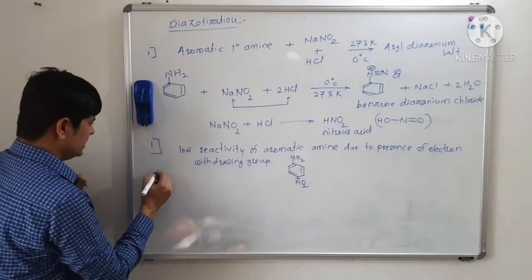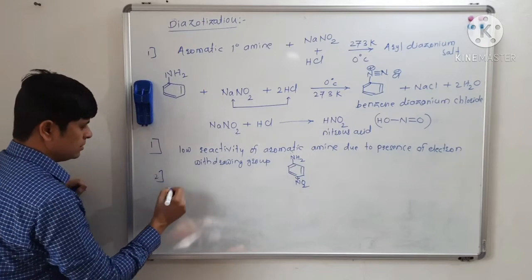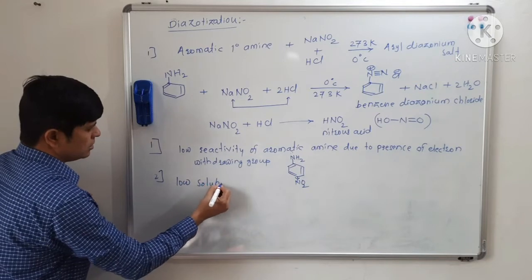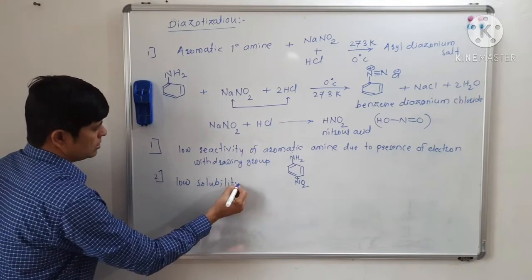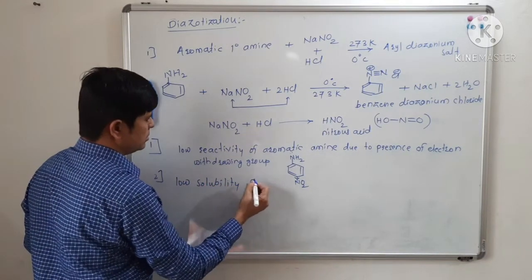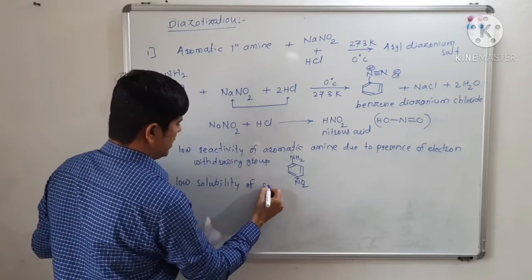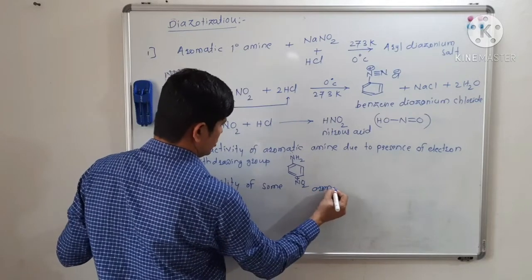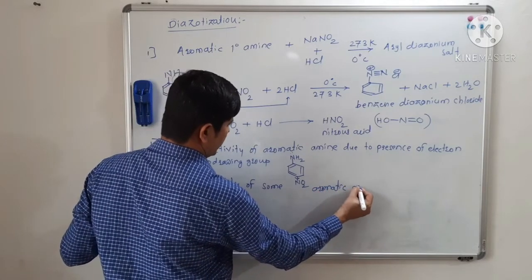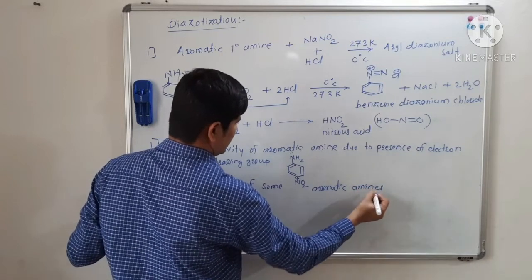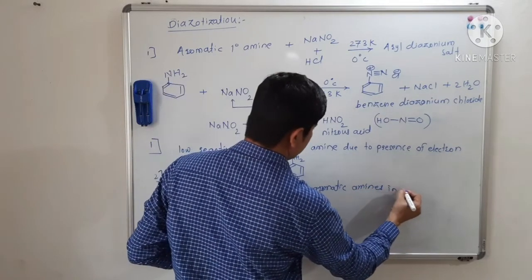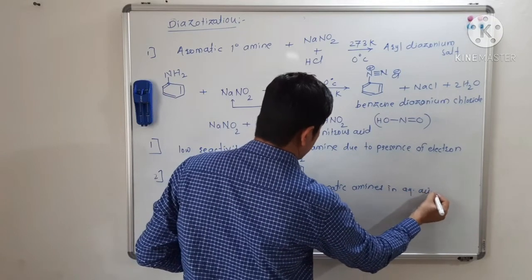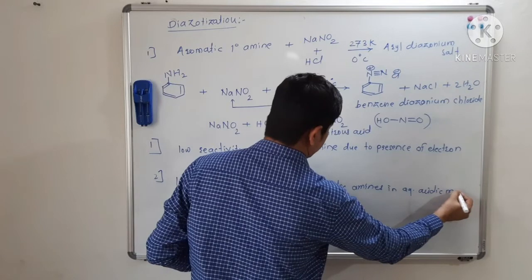Second difficulty is what? Low solubility of some aromatic amines in aqueous acidic medium.